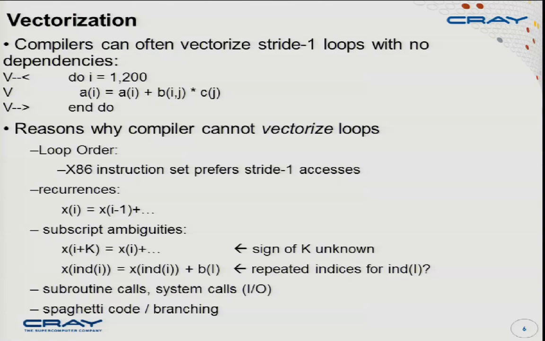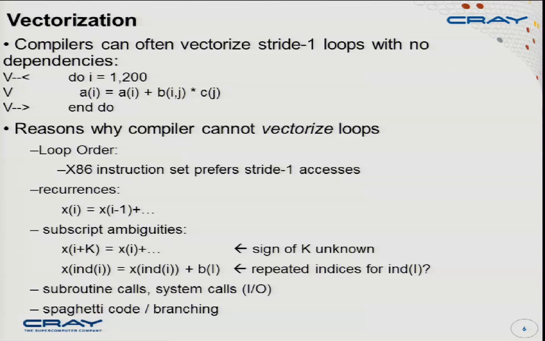Similarly, indirection is nasty for two reasons on x86. First of all, there's not really a good gather-scatter type of instruction. Gather is when you take single words from around memory and load them. Scatter is when you take single words and store them. They don't have a good instruction, and even if they did, we don't know if there are repeated indices inside of this array. So that can prevent vectorization.